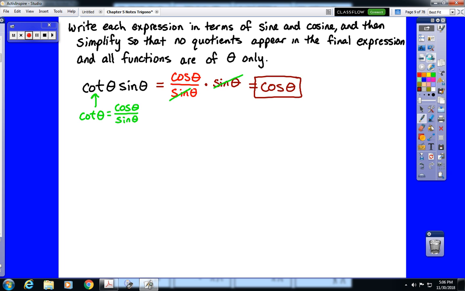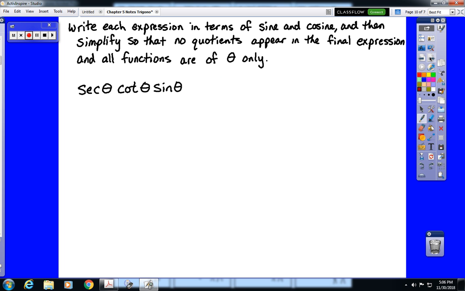Let's do another one. Okay, this one's pretty similar. We have 3 this time. So we go and we look up the values to turn everything into sine and cosine. Secant of theta can be written as 1 over cosine. Cotangent we just dealt with on the last problem. That's cosine over sine.